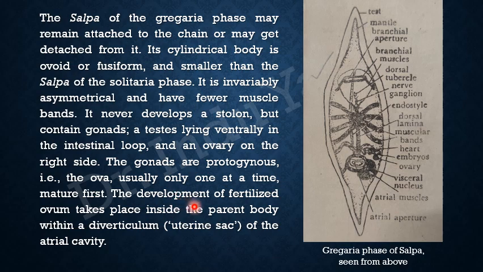You can go back and see the diagram again, and you will understand this point. The development of the fertilized ovum takes place inside the parent body within a diverticulum, the uterine sac of the atrial cavity.